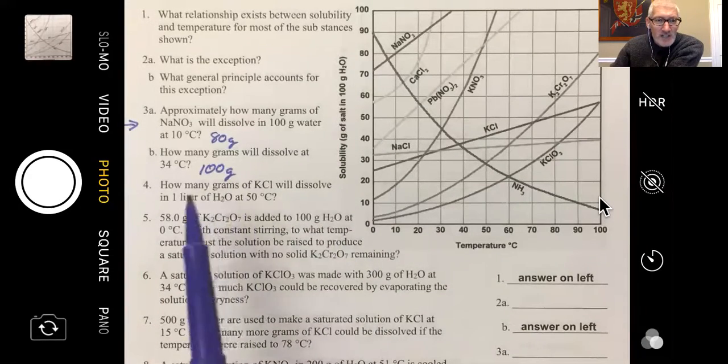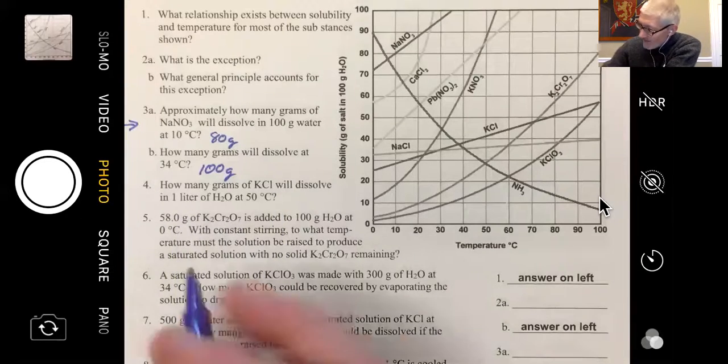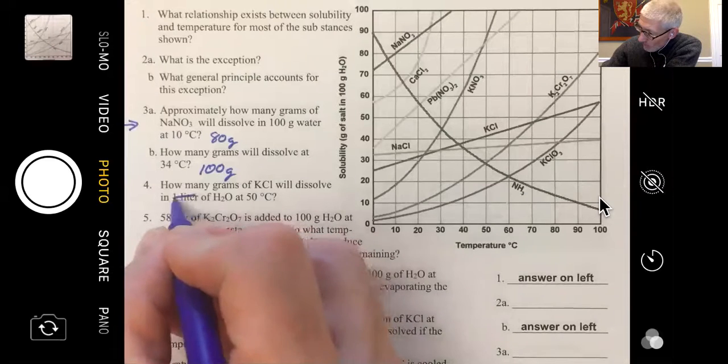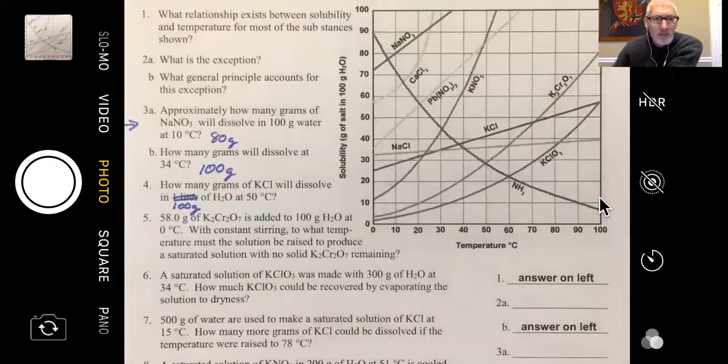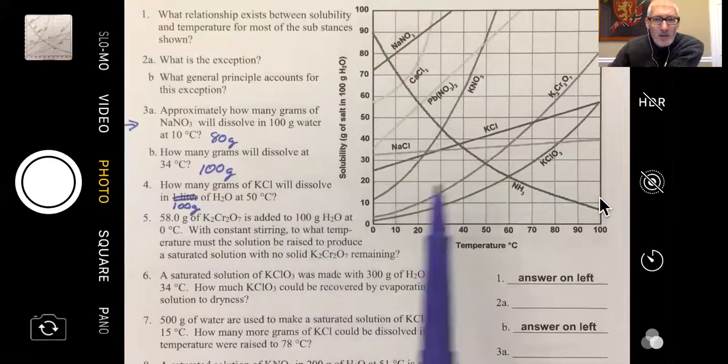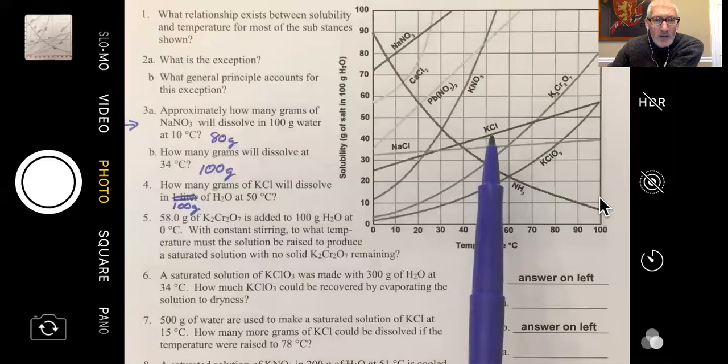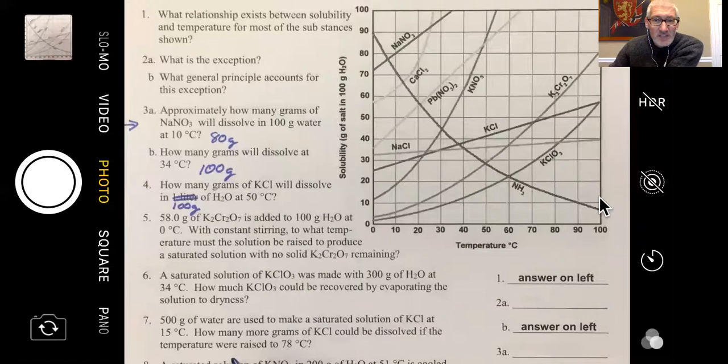Now I'm going to change this next question here. How many grams of KCl will dissolve in, let's go ahead and do 100 grams of water just to make our life easier. So how many grams of KCl are going to go into 100 grams of water at 50 degrees Celsius?